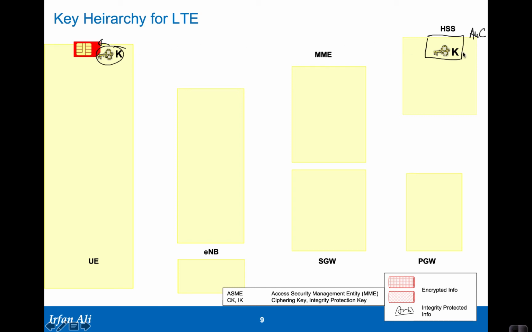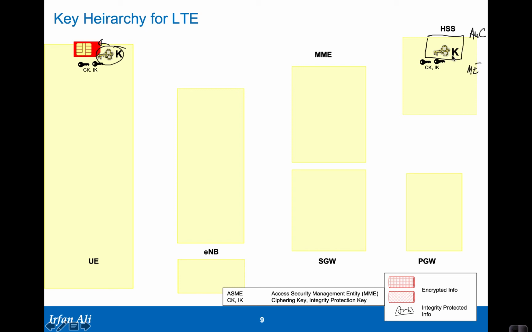So this is the most secure, and you need to make sure that the key K is kept secured, because if the key is compromised, essentially the identity is compromised, and anybody else who owns this key can fake the identity to the network. So from this K key, what's derived is the CK and IK, as we had covered in the previous slide, which is then provided to the mobile equipment.